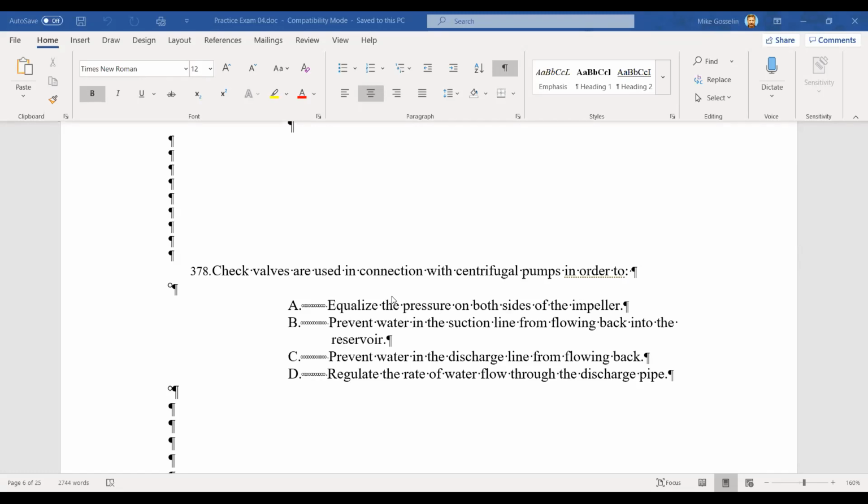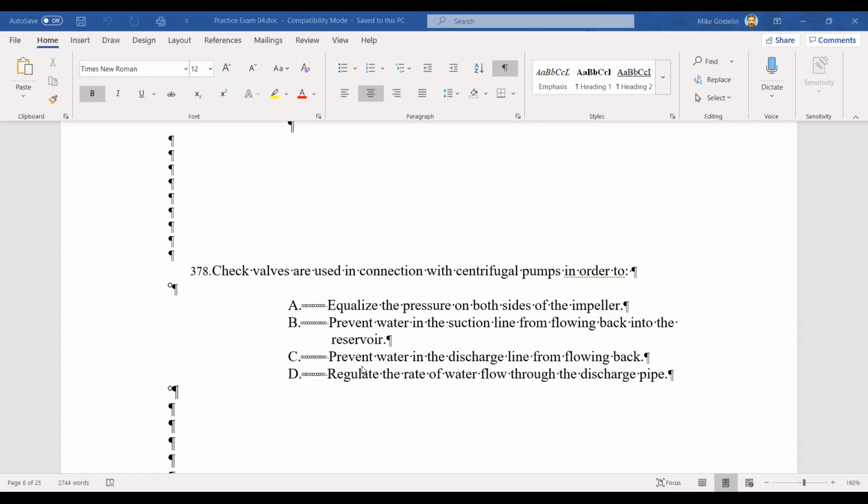So you have check valves on the discharge side of the pump. It's only there to prevent the flow from flowing backwards. It doesn't equalize the pressure. If you look at answer C, prevent water in the discharge line from flowing back, that's the correct answer. B, prevent water in the suction line from flowing back into the reservoir. If you thought about it, it would prevent flow backwards through the whole pump, through the system for sure.